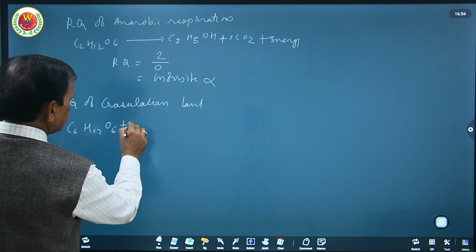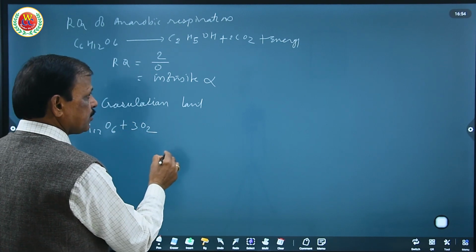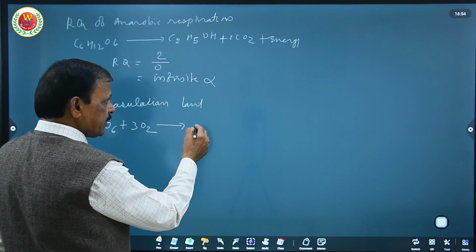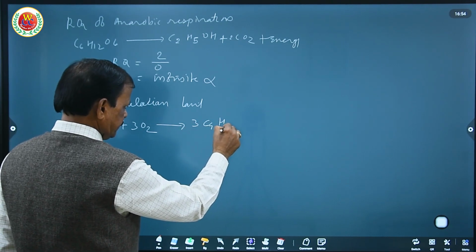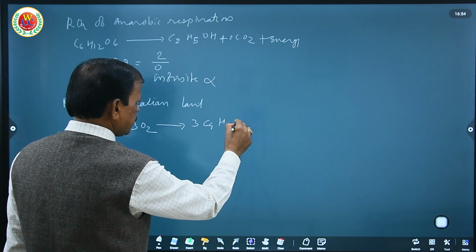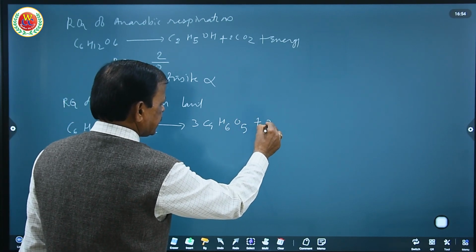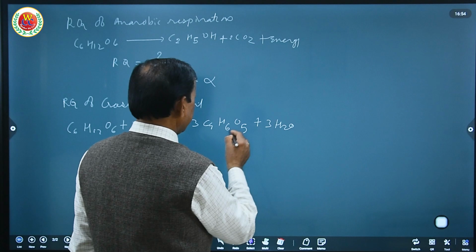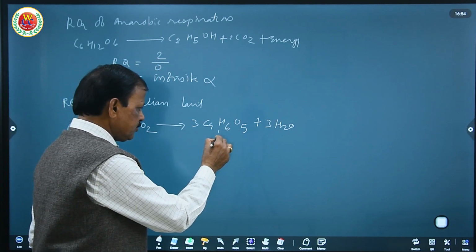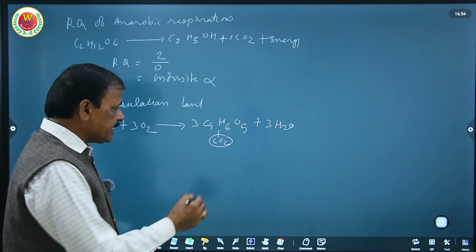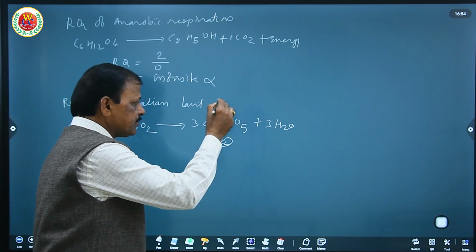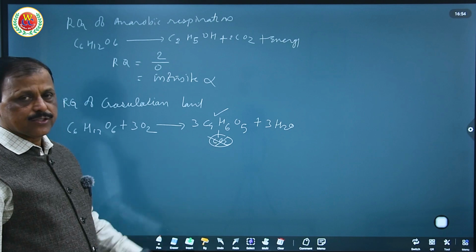C6H12O6, with 3 molecules of O2 used, produces an organic acid, in which form the carbon dioxide is stored and later used for photosynthesis during daytime. So carbon dioxide is not released. What is being produced? C4H6O5.